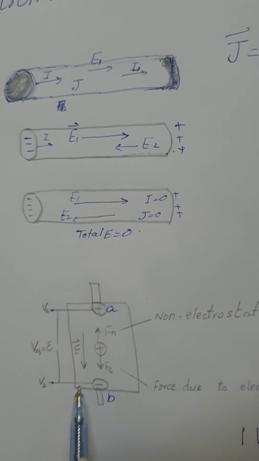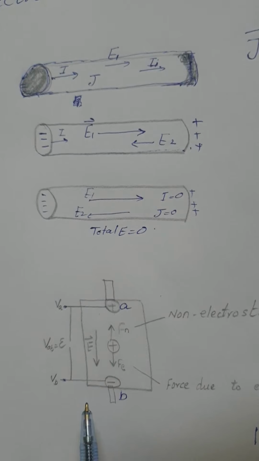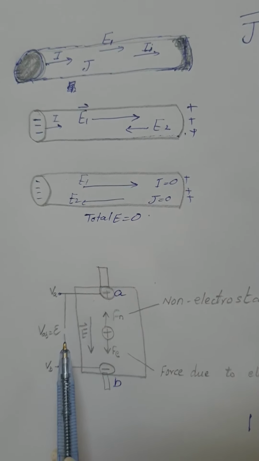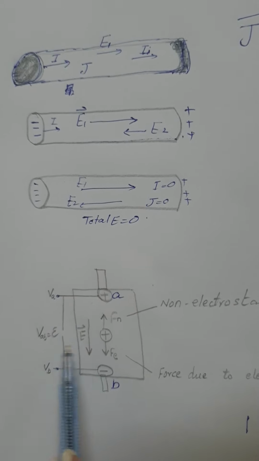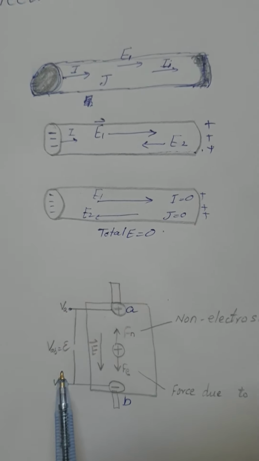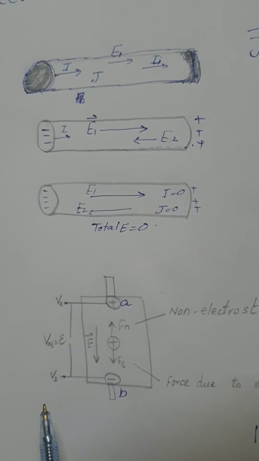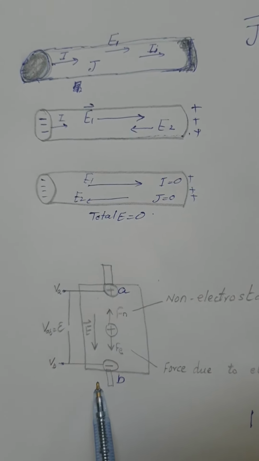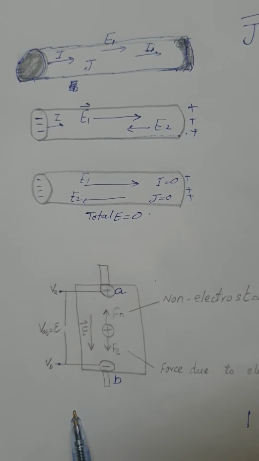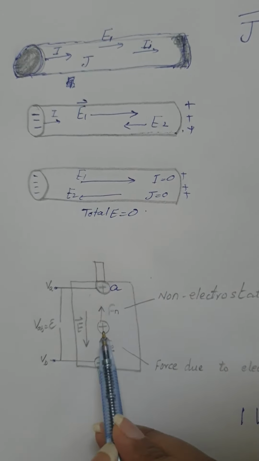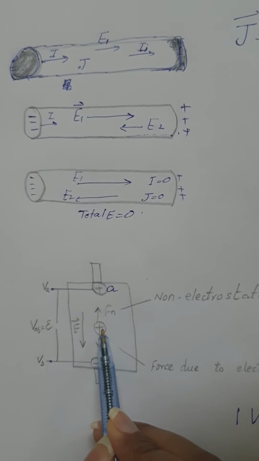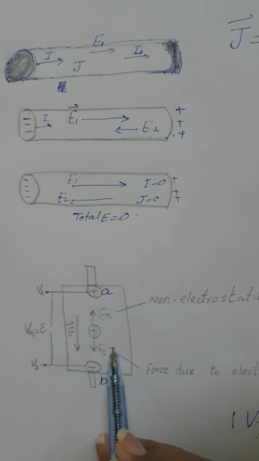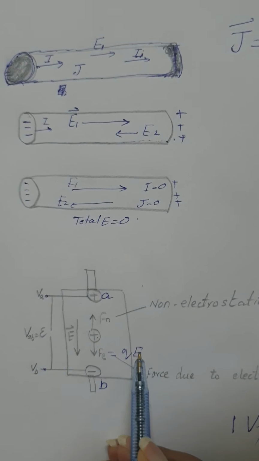Because of this potential difference, there is an electric field in the region around the terminals, both inside and outside the source. The electric field inside the device is directed from A to B as shown. A charge Q within the source experiences an electric force Fe, which is equal to QE.